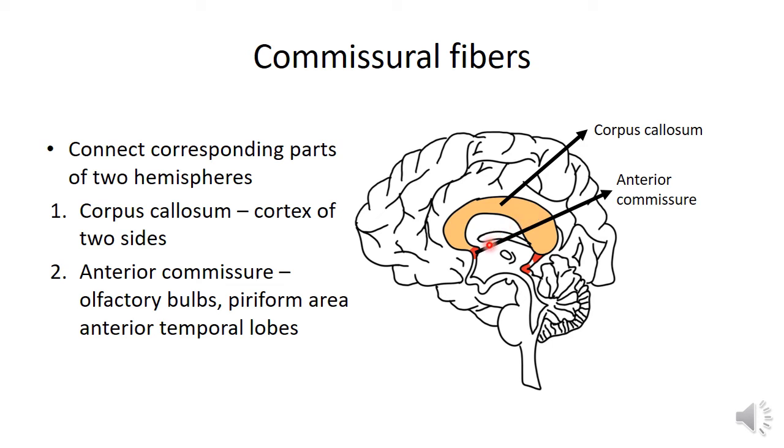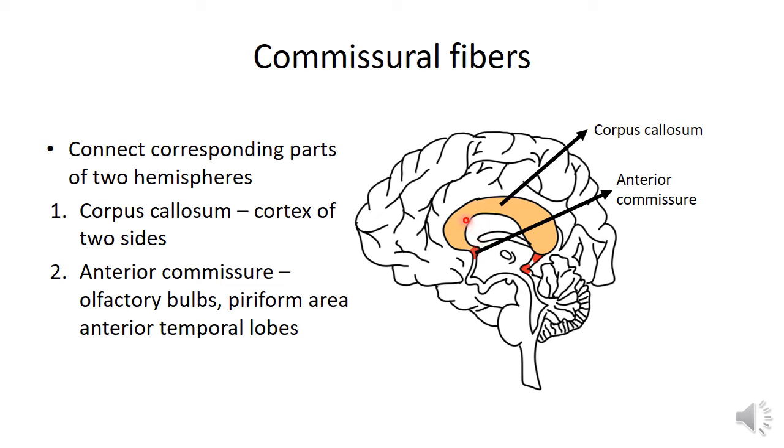The next one is anterior commissure, which lies at the upper end of lamina terminalis and connects the olfactory bulbs, piriform area and anterior part of temporal lobe of one side to the other.